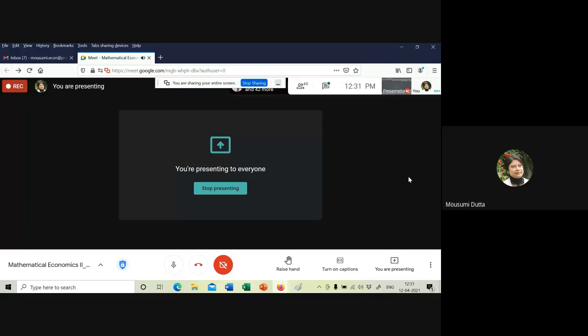First, draw the cobweb structure only, and after that, you will draw the time path. Once you complete the cobweb framework, please let me know.